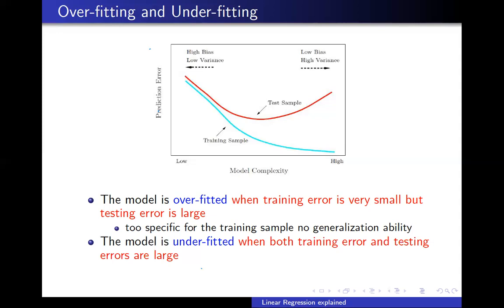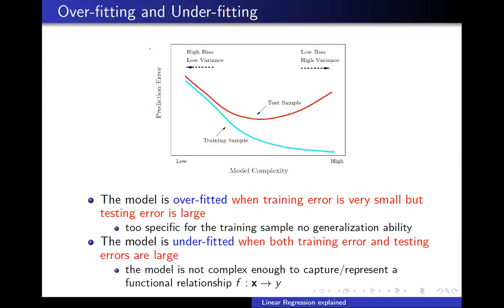But you are going to have a very low variance. So most of the time you are consistent, but you are making a consistently bad prediction, right? Both training error and testing error are typically large in this case because the model is not expressive enough to represent the complex input-output relationship. So here the model is not complex enough to capture this information.